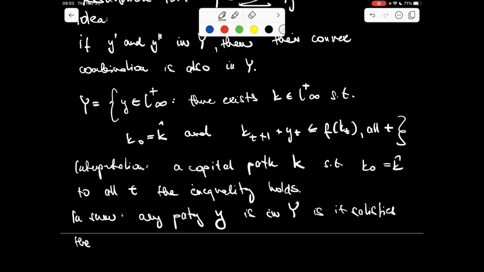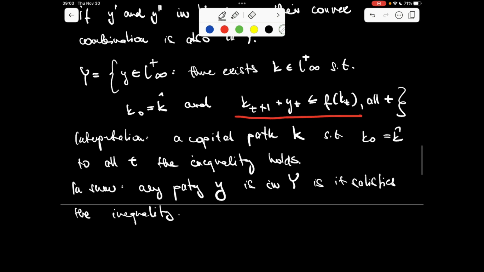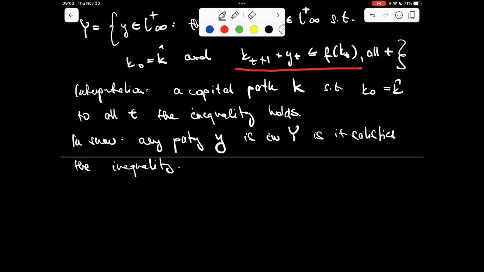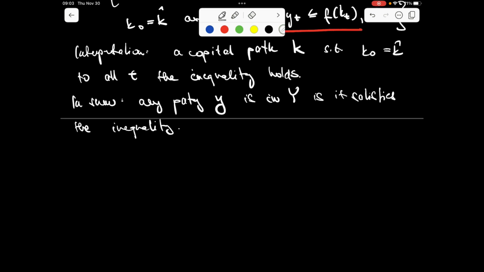I mean this inequality. So this is what we need to demonstrate that the production set is convex. Okay, so the idea.